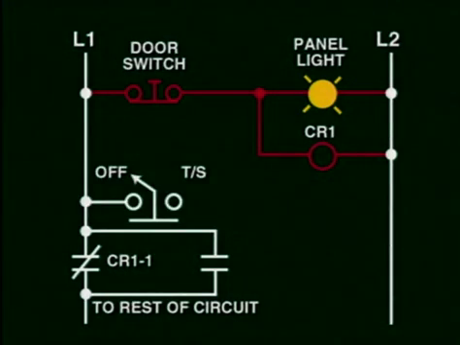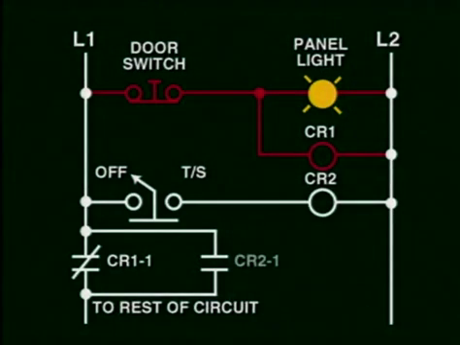By creating a signal that says we want to troubleshoot the system, even though the door is open, we can control these contacts. If we add another control relay CR2 and we label the parallel contacts CR2-1, we can create the bypass and control it with a signal from a selector switch inside the panel which creates the signal troubleshoot.